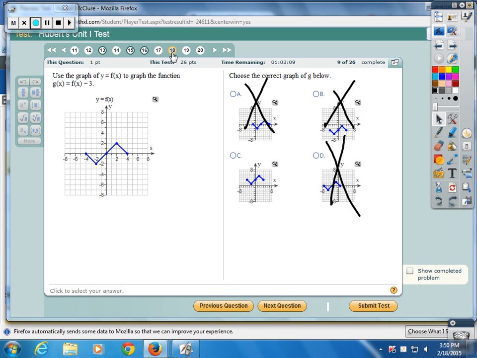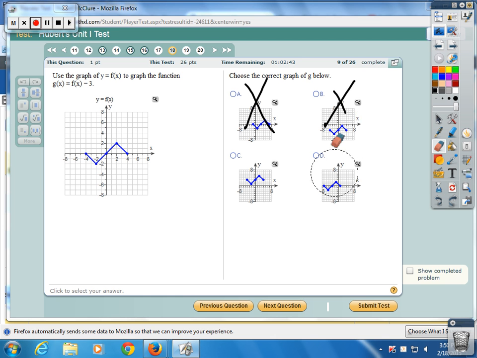All right, you got to read this one. It says, use the graph of y is equal to f of x to graph a function g of x, and g of x is equal to f of x minus 3. So if g of x is f of x minus 3, is this a horizontal or vertical shift? Vertical.